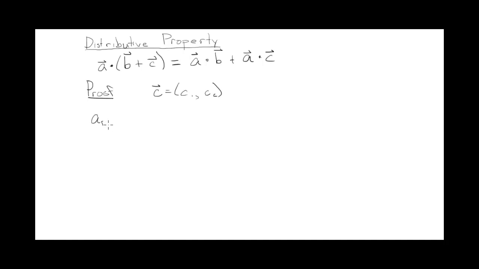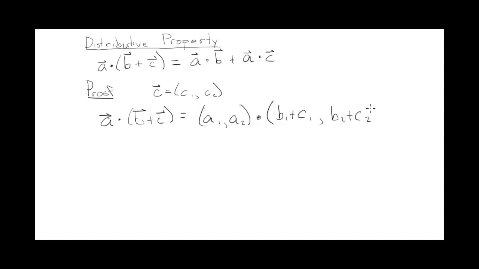So you'll have A1, A2. Let me write it generally. So A dot B plus C, the left side of this, would be equal to A1, A2 dot B plus C. So that would be the vector B1 plus C1, and then B2 plus C2.